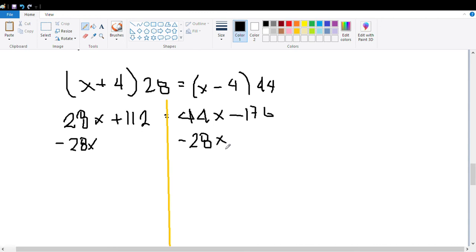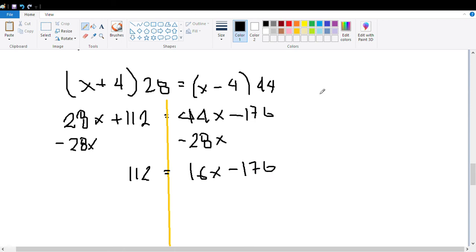Hence, you're going to get 16x. Let's check: 112 is left alone. 44 minus 28 is 16. Copy the variable and then bring down 176.